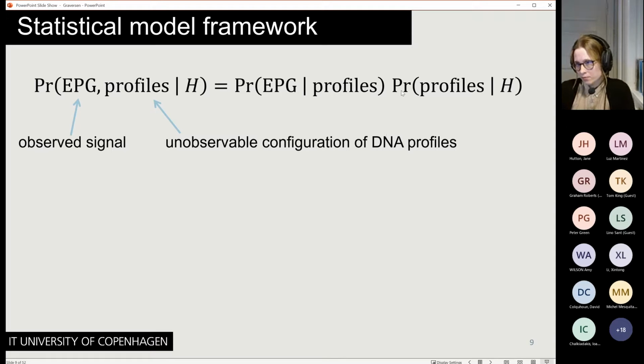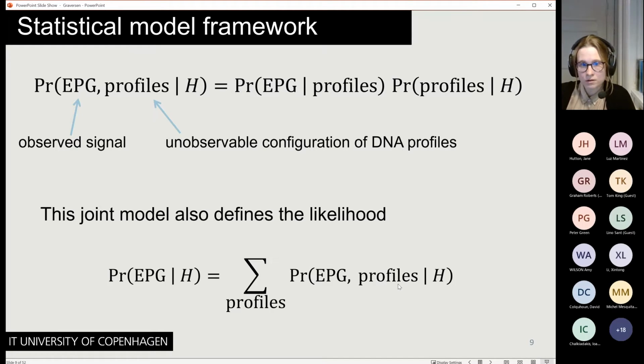Then there is an inherently case-specific component, which is: given the proposition I'm currently considering, what is then the distribution of the profile? Is this the fully typed reference profile of the victim, or is it an unknown person, and so on?